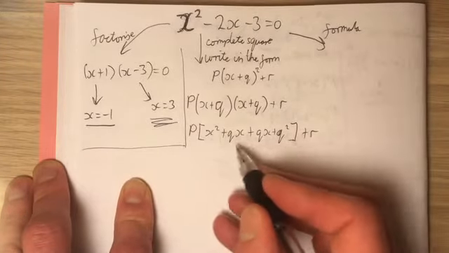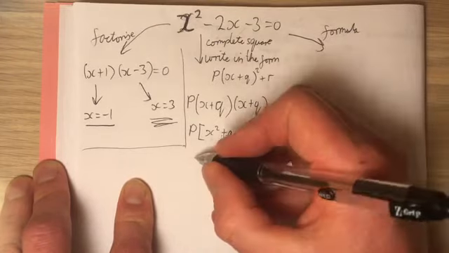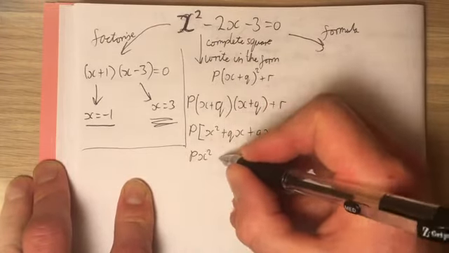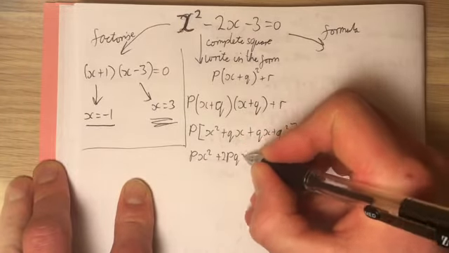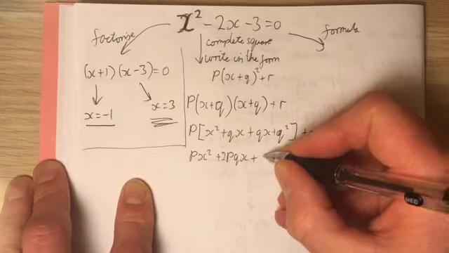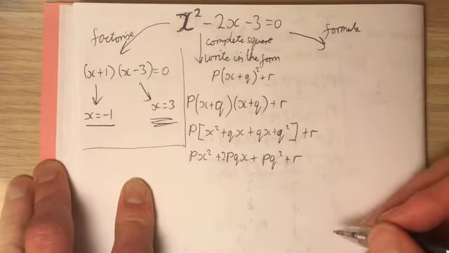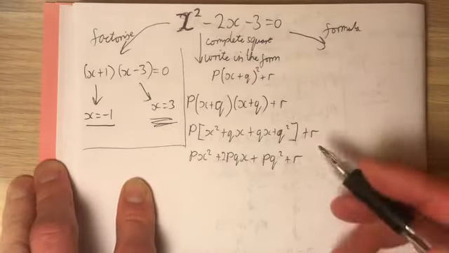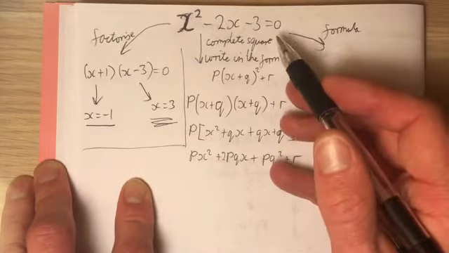And times the p by everything, simplify these two together to 2qx's. And I've got px squared plus 2pqx plus pq squared plus r. Okay, and what I'm going to do is compare that with my original equation.